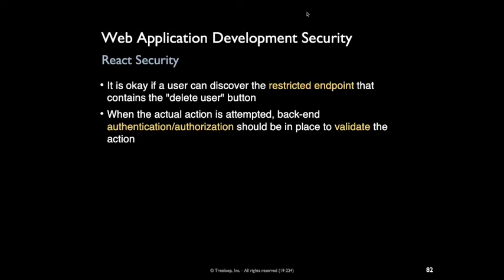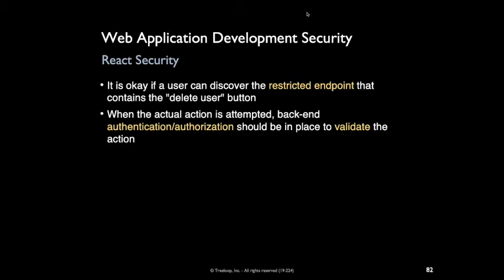But that's okay, because if they discover the delete employee button and click it, that's going to trigger a request back to the server. It's going to be called via Ajax, which calls some API endpoint for deleting the employee. The token is probably set as part of the authentication to that method. When that method runs, it checks whether it's valid for you to do that.